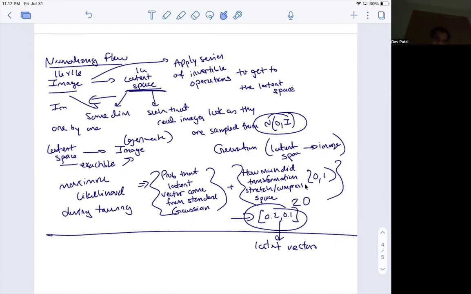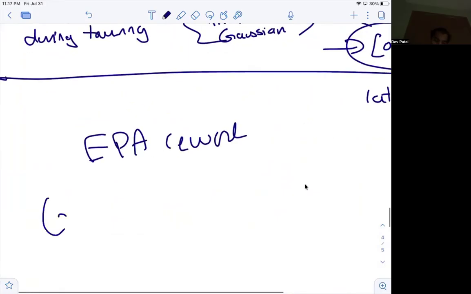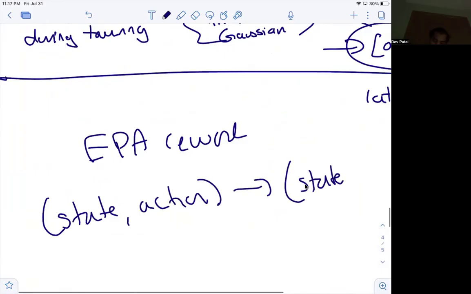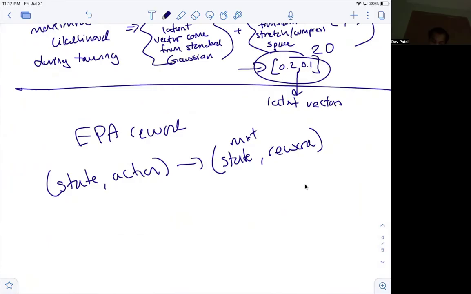And this EPA reward will be given to the agent as it is in a state, takes an action, transitions to the next state, and gets a reward. And then at the end of a drive, depending on the result, it gets a reward based upon the terminal outcome. And we simulate this across an entire game.